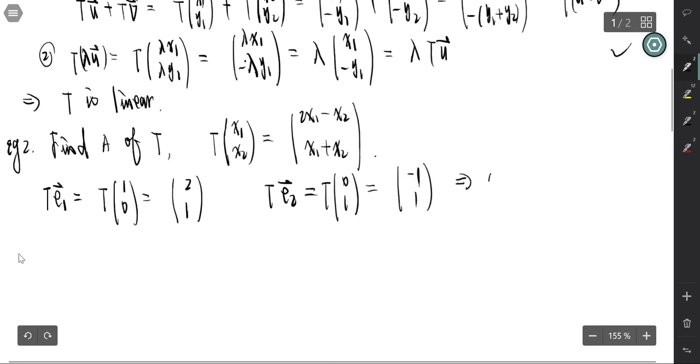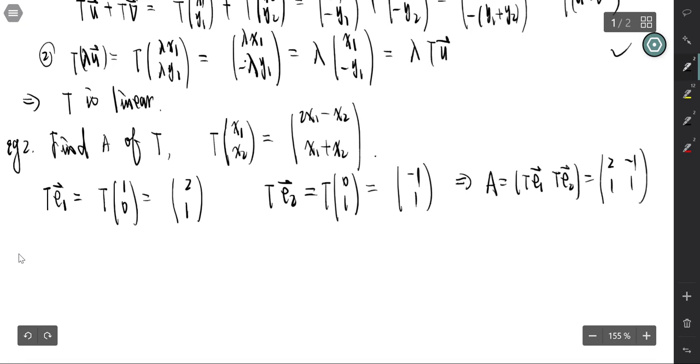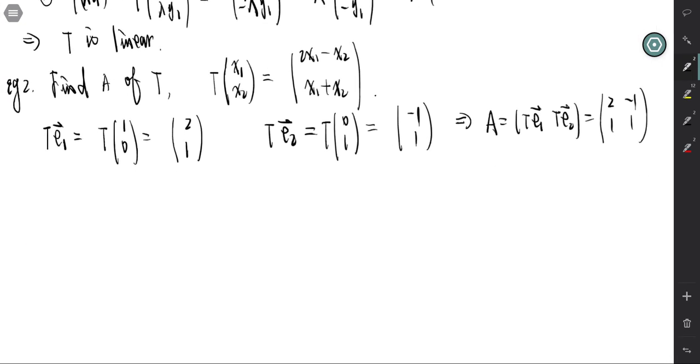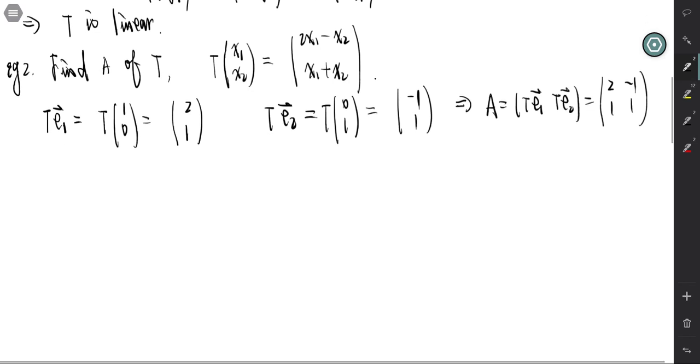So the matrix is [Te1, Te2], that is 2, 1, negative 1, and 1. This is a little bit easy way to find the standard matrix.